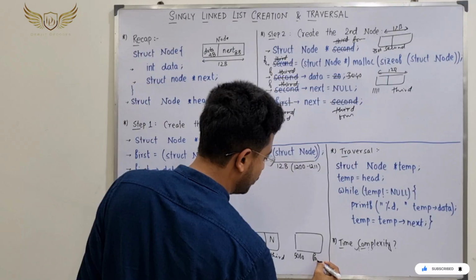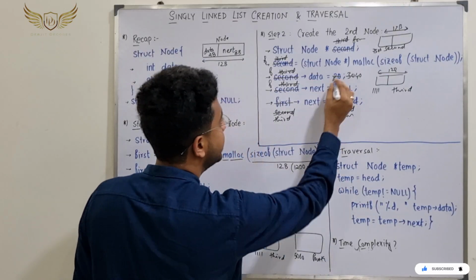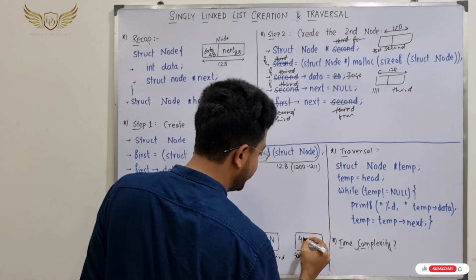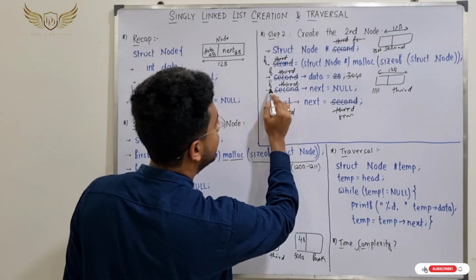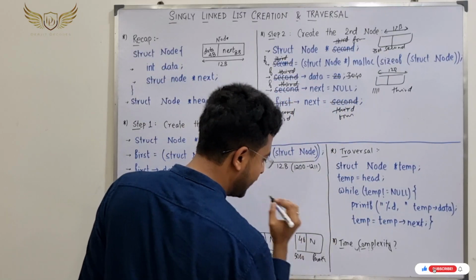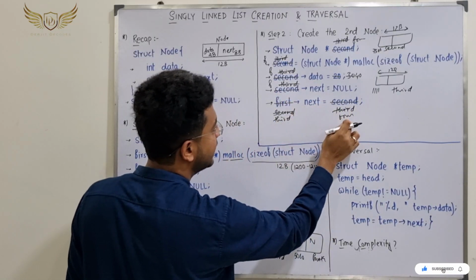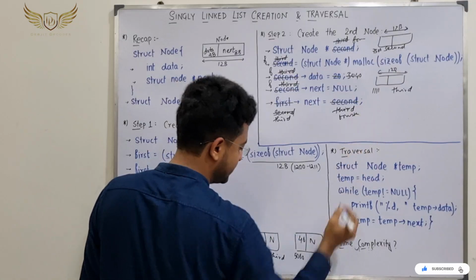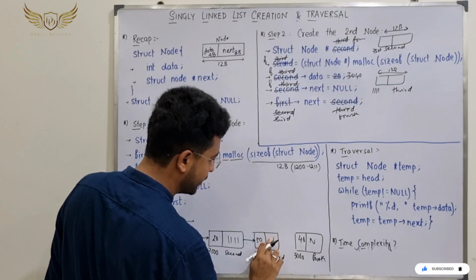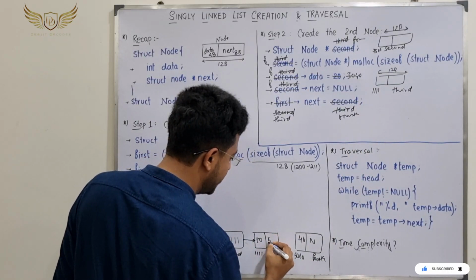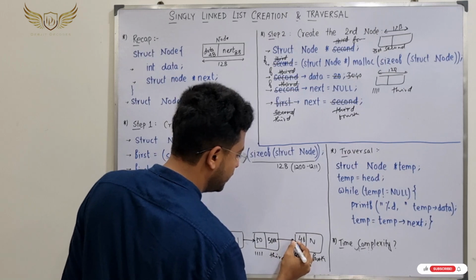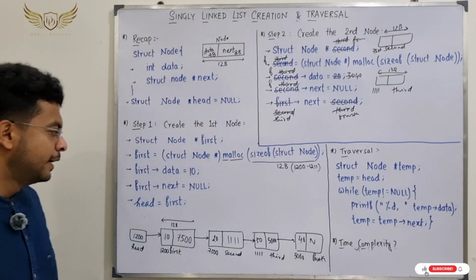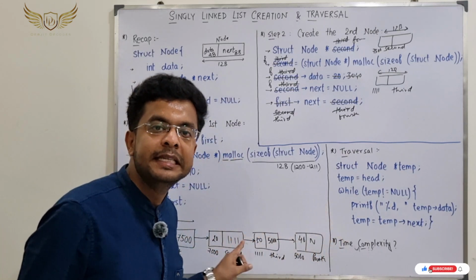It is giving 40, and fourth arrow next is null. This third arrow next is getting replaced by fourth. What is the value of fourth? 5000. So this null will be replaced by 5000. It is connected. That's how you can connect each and every node.